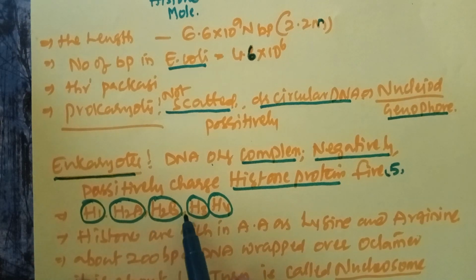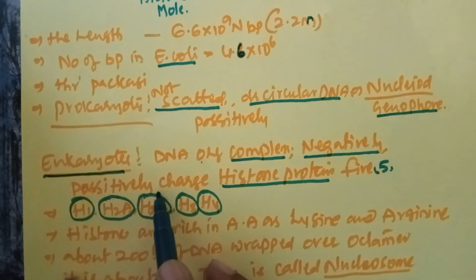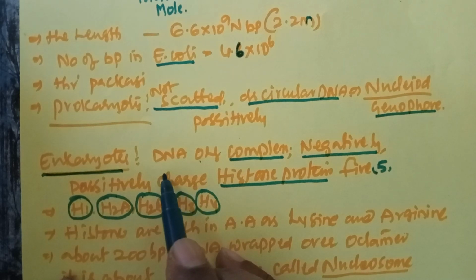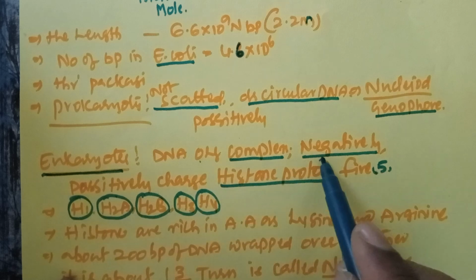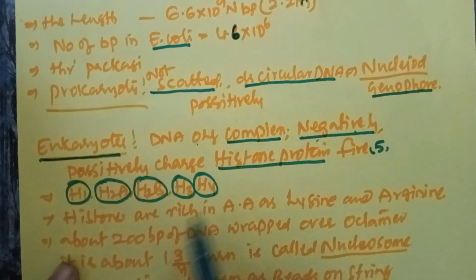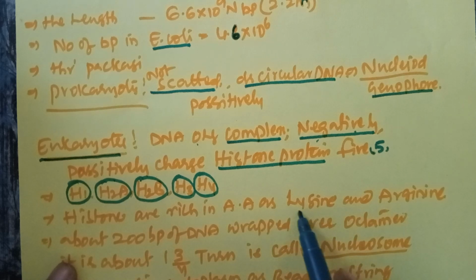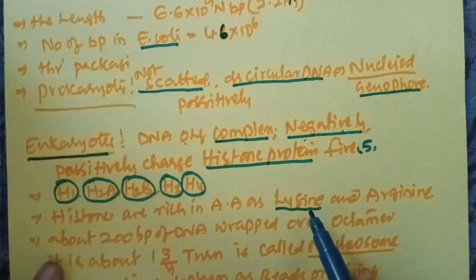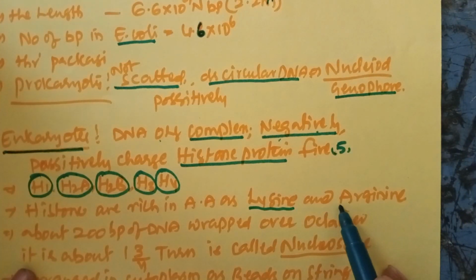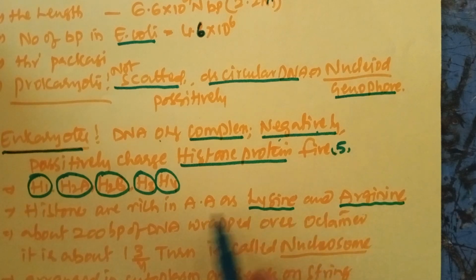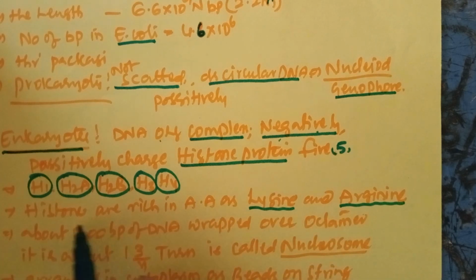These are positively charged, surrounded by the negatively charged DNA sequence. Histone proteins are rich in the amino acids lysine and arginine.